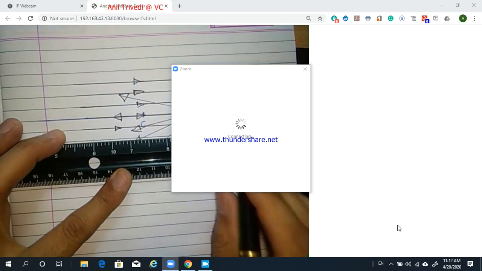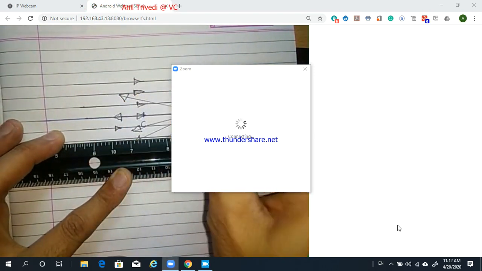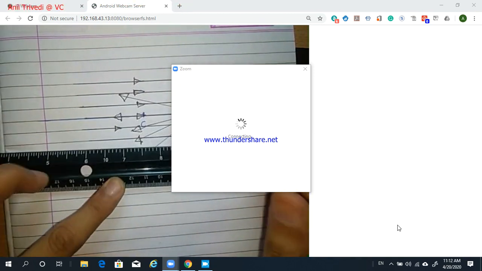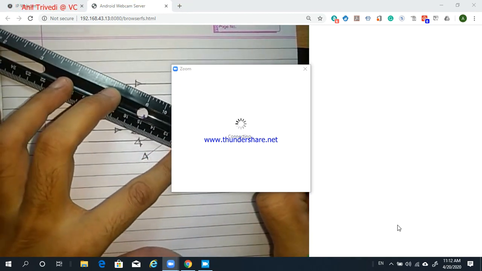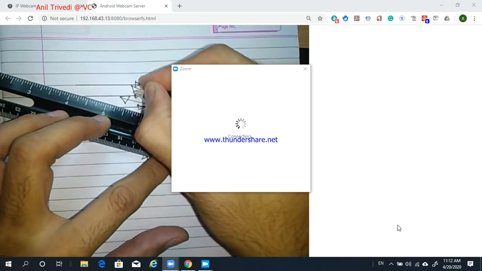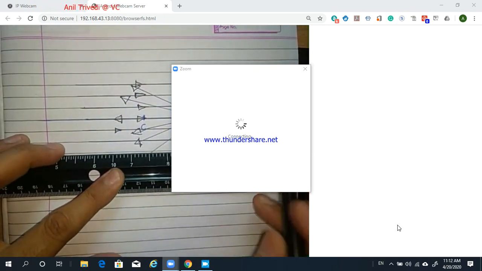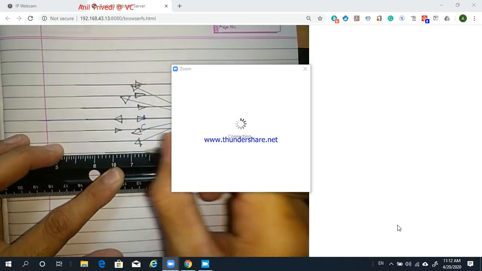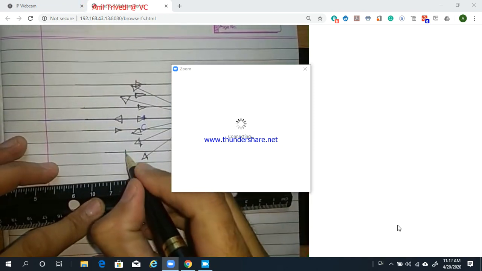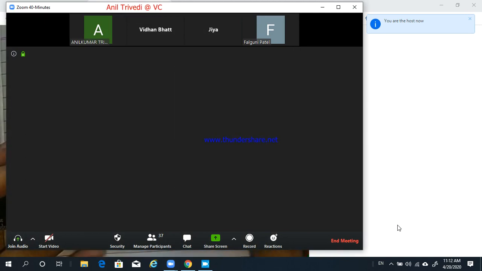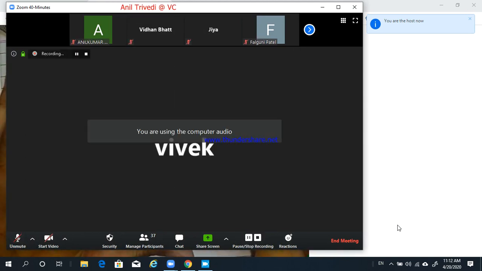Same way this is the second ray, which will also pass through the focus, and the third ray will also pass through the focus.